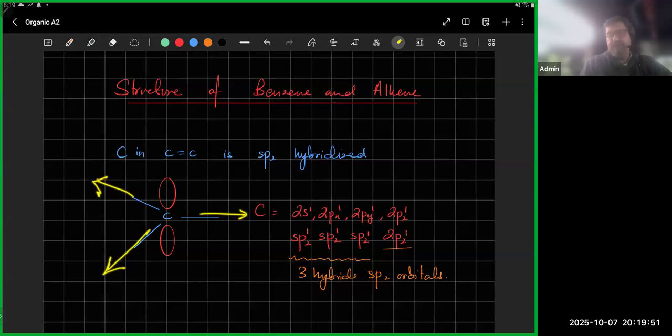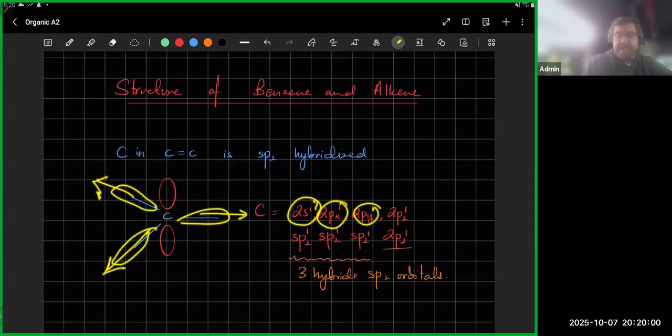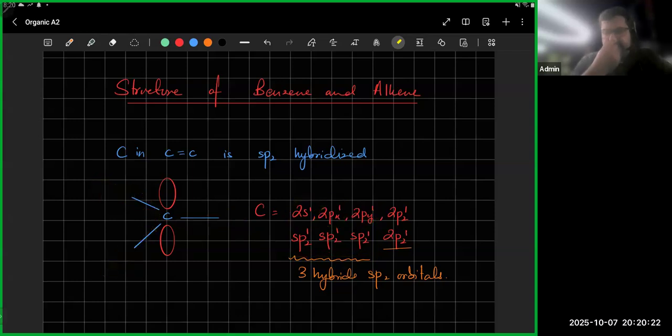You just give them new names instead of calling them s or px or py, because they have completely changed shapes. They have been stretched in three different directions. S is spherical, p is dumbbell shaped, so they don't look like 2s or 2px or 2py. So you give them new names, and you give all three the same name because they look exactly the same. So you clear up what hybridization is?